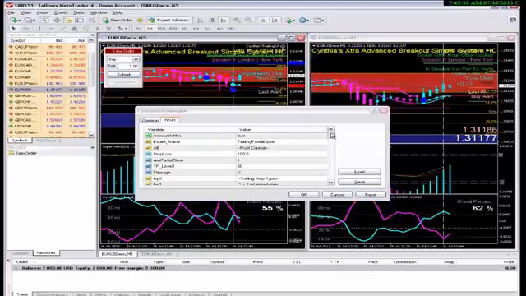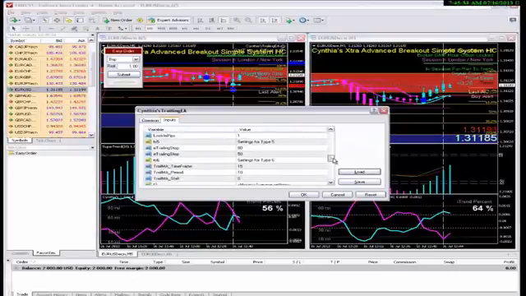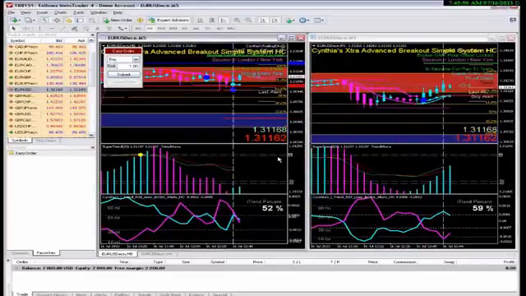At the same time, the trailing EA, I'm using type 5, moves the stop loss to break even, and then it's going to be trailing the stop by 5 pips. So this is a great little scalping setting for when the market is very slow or you just want a quick trade in and out.